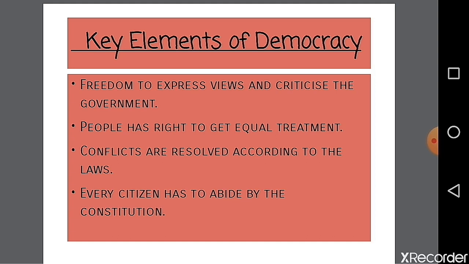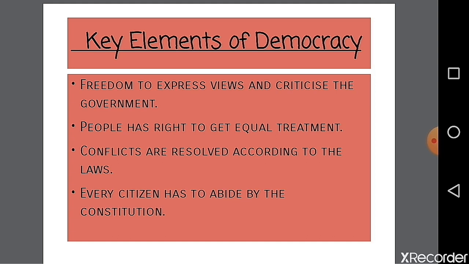Next is every citizen has to abide by the constitution. That means we have a written constitution where every law has been mentioned, and every citizen has to abide by it. Everyone has to obey it.